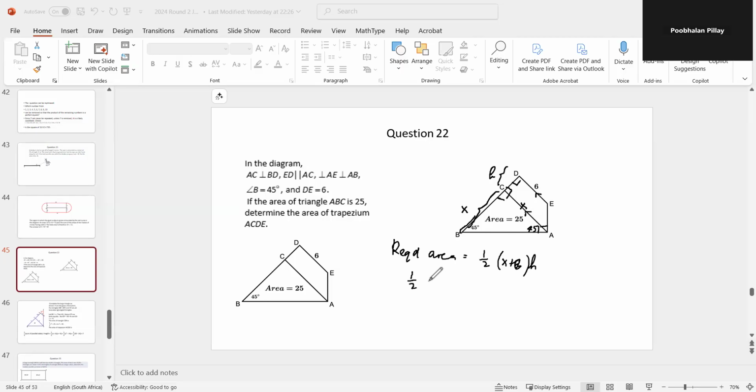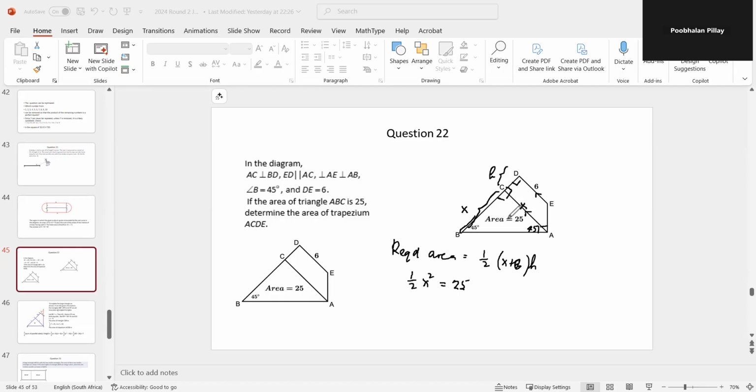So you got half X times X, which is X squared, is equal to the area of the triangle ABC, but it's given that the area of triangle ABC is 25. So you can calculate X. Okay, I'm just going to leave that calculation aside for the moment. I'm trying to calculate H.